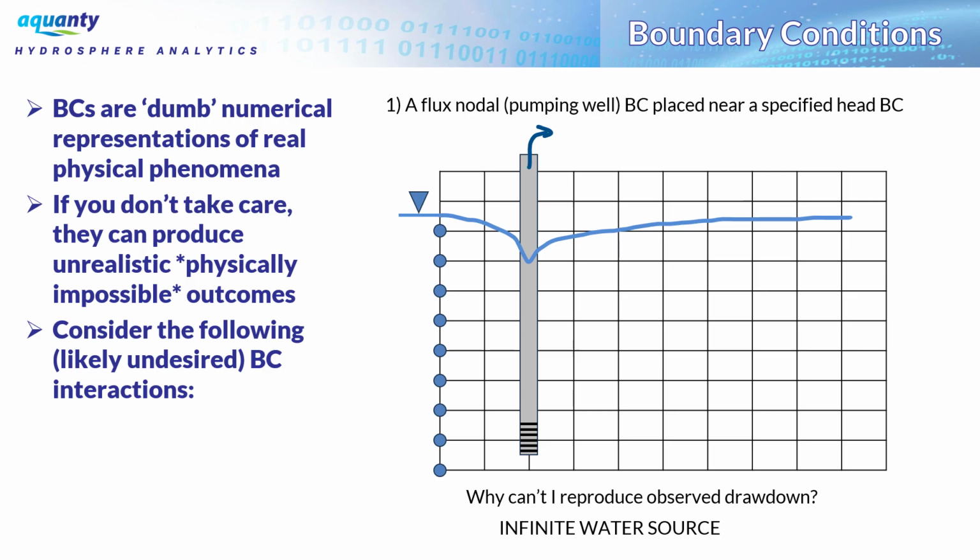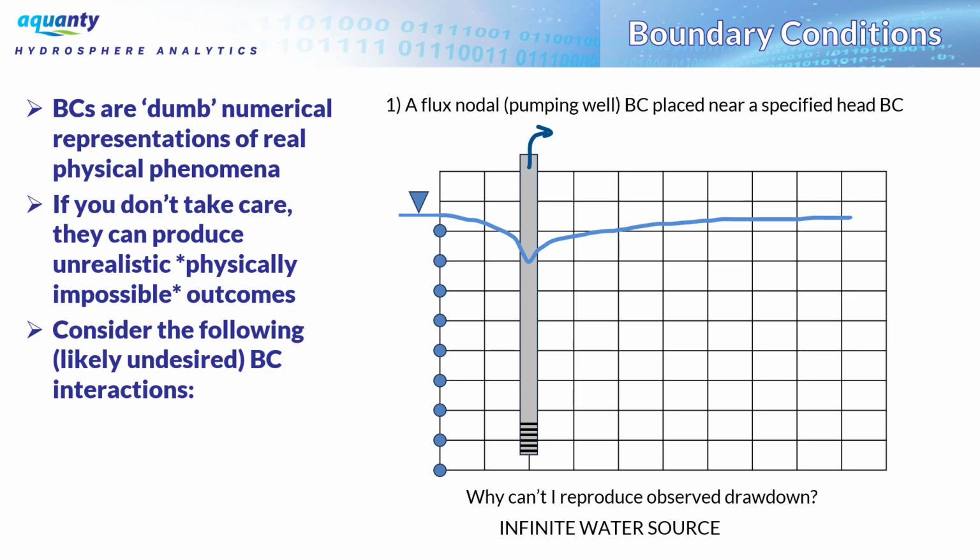Our first example is applying a nodal flux or a pumping well boundary condition right next to a specified head boundary condition. Here we've got a bit of a drawdown cone as the solution, but maybe the real drawdown cone is much deeper and much more widespread. Why can't I reproduce the observed drawdown cone?